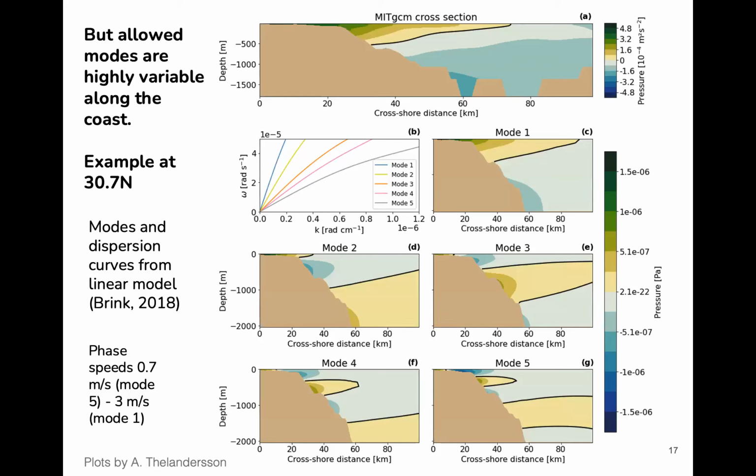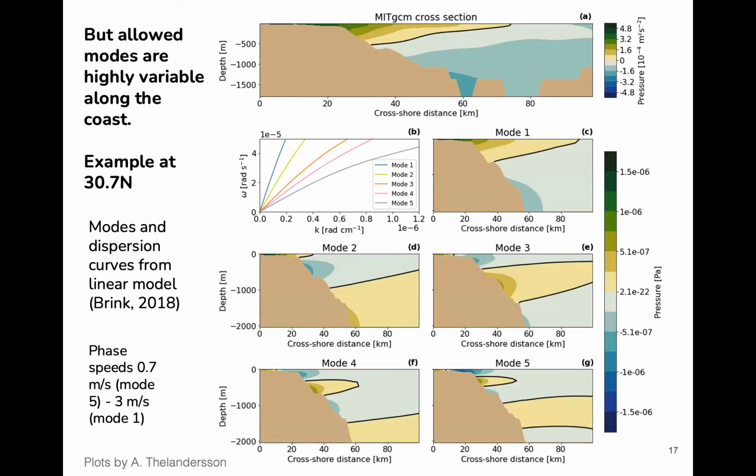And so she used a linear model to look at what we expect, or what are the allowed modes vertically for the coastal trapped waves, using only the depth profile for the shelf and the stratification that we have.